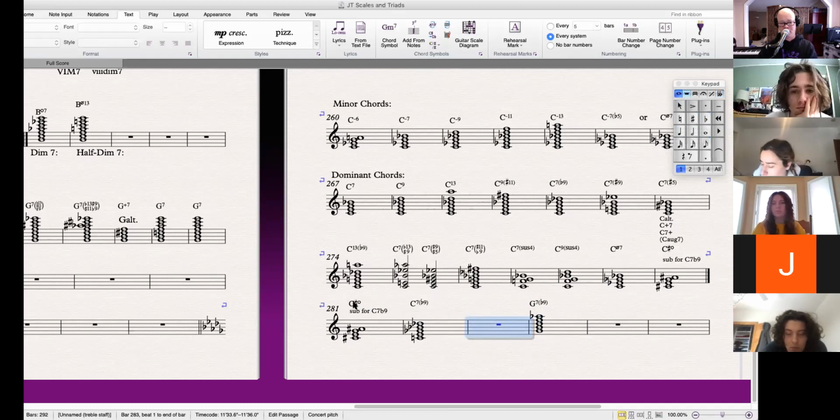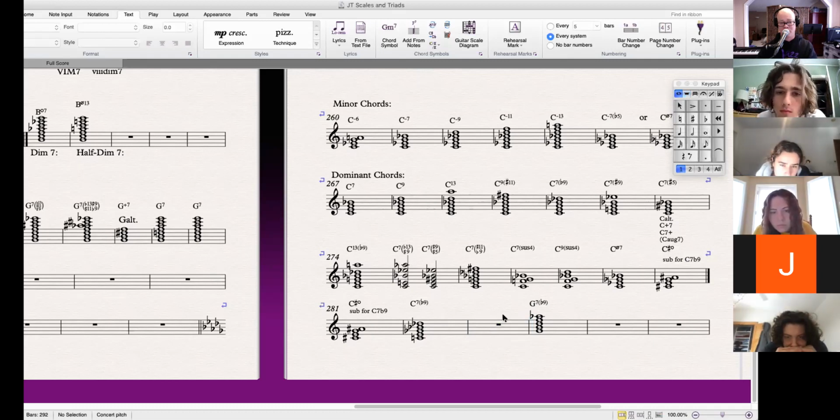The root is a half step above the root of the chord it's substituting for. So what would the fully diminished or whole diminished substitute for G7 be? What is this? Let's start with the root. What would be the root of that chord? What's the diminished chord that would substitute for G7 flat 9?